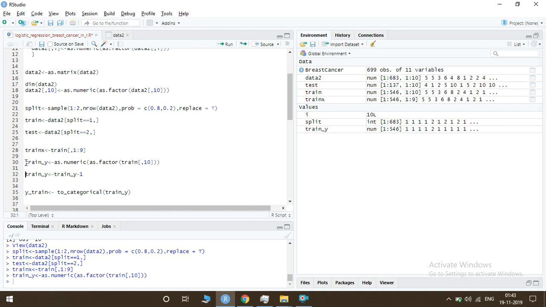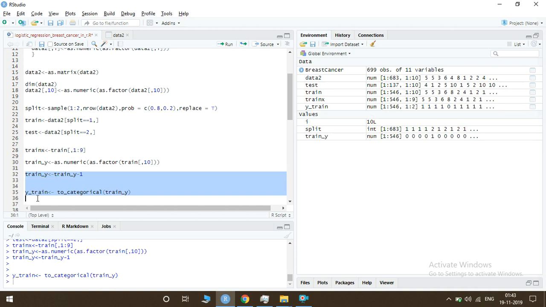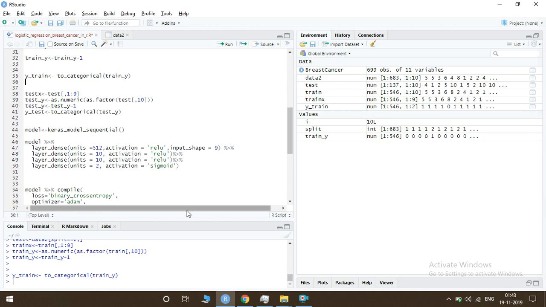Now we have to subtract 1 from it. If we don't do it, then this is one hot encoding. That means it would convert the last column into the train labels. If we do this, train y equals train y minus 1, and you have to, so a moment, let me put this thing up.